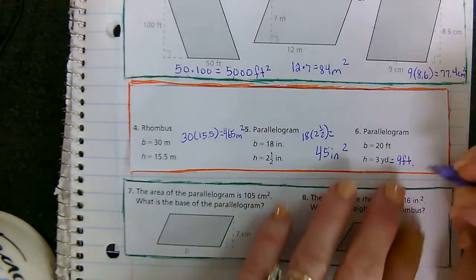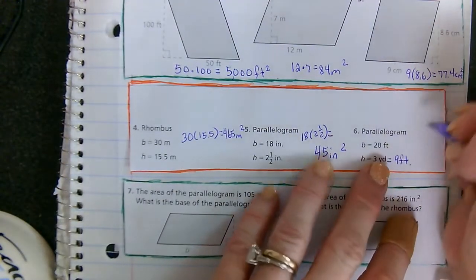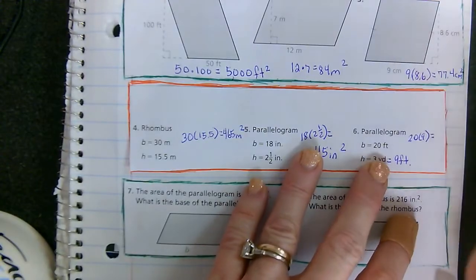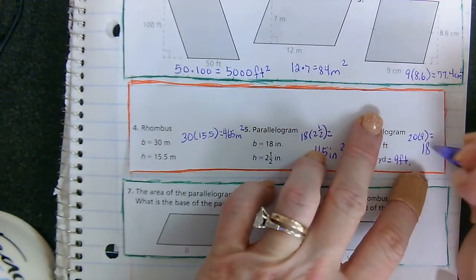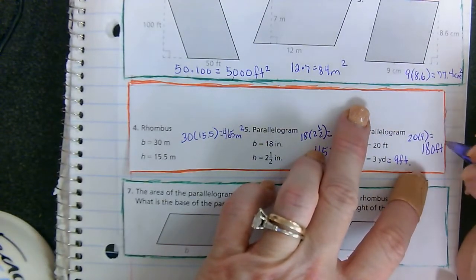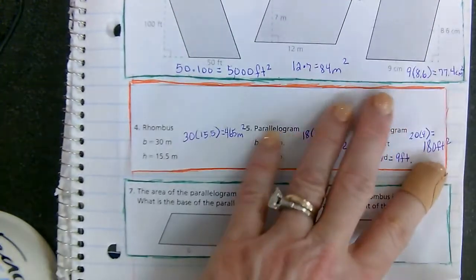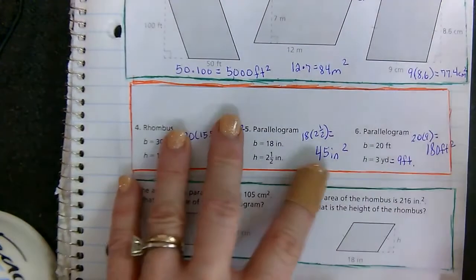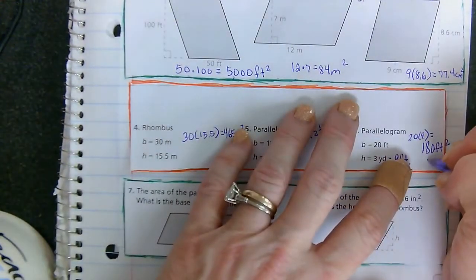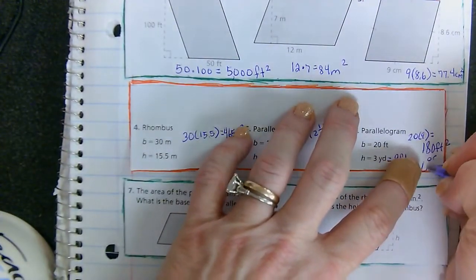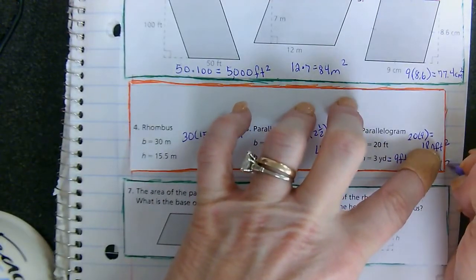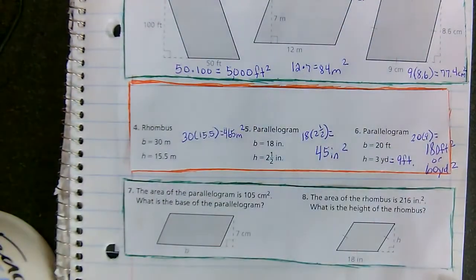So then it would be 9 feet times 20 feet, base times height, 20 times 9, and that would equal 180 feet squared. Now if you wanted to convert that to yards, and you could, you would divide by 3, and 180 divided by 3 would give you 60 yards squared. Okay? 60 yards squared.